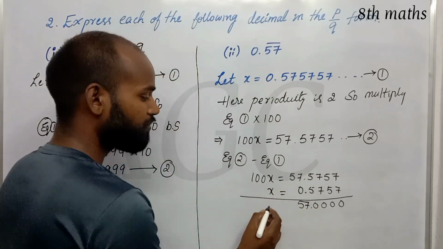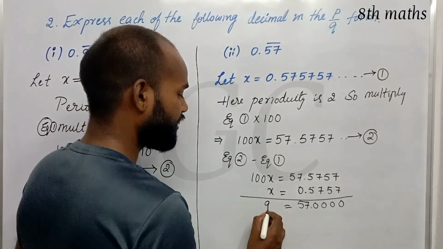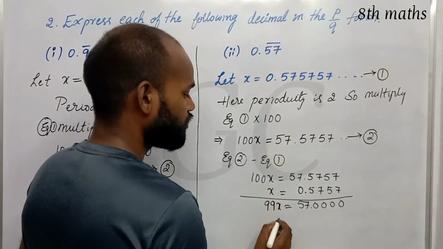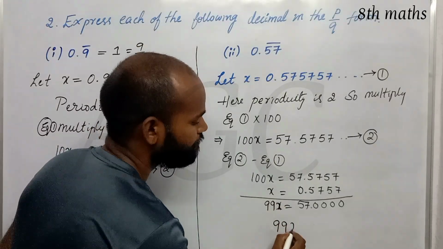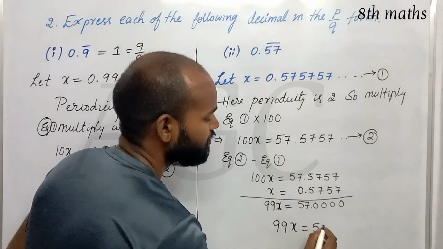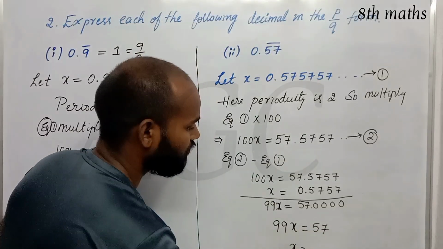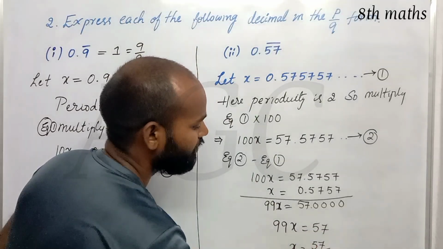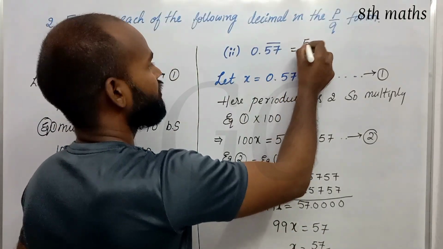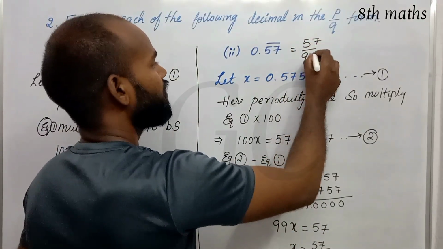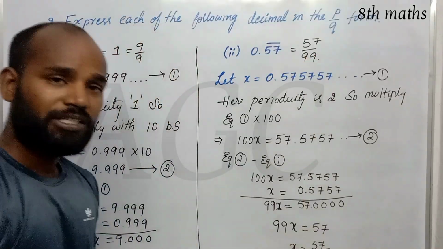Then 100x minus x is nothing but 99x. So 99x equals to 57. So x is equals to 57 by 99. Okay, so that's all.